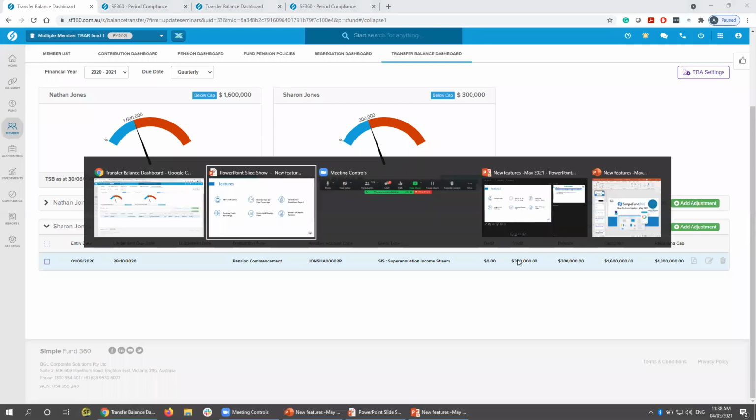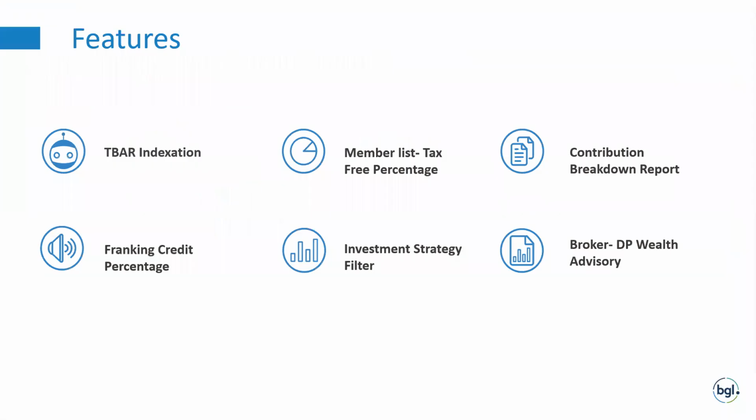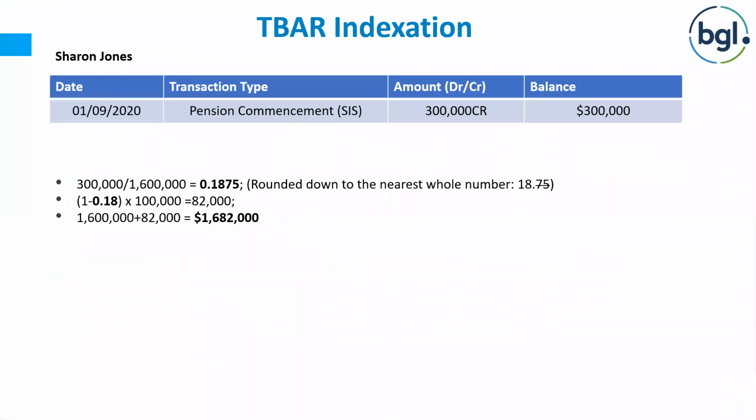Let me switch back to the slides. This is the calculation that the system would run. It will take the 300,000, because we need to look at the unused portion, as I mentioned. So we look at the proportion of the used portion first across the 1.6 million. Turned into a percentage, you multiply it by 100, it's 18.75.